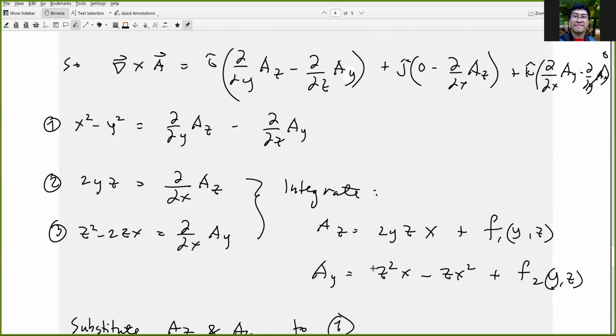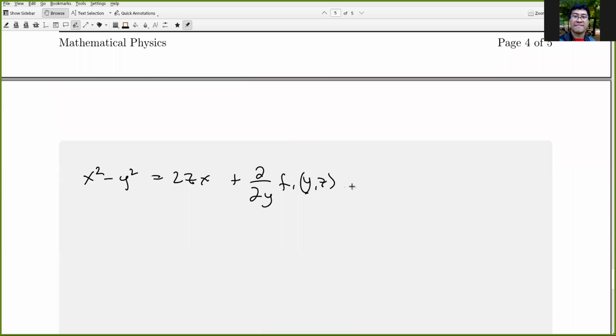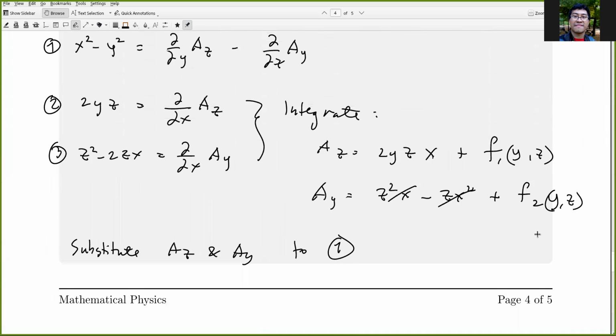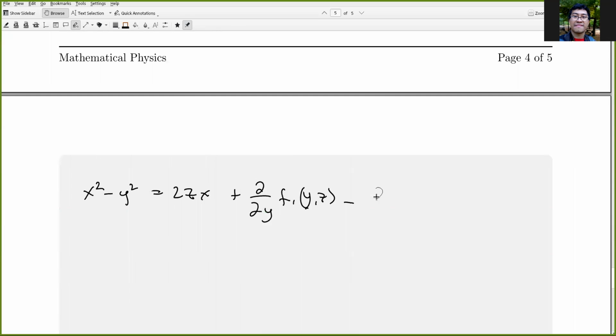And this one, partial derivative of AY with respect to z, becomes 2zx, oh no, z squared x. Then you have the partial derivative of f2 with respect to z.